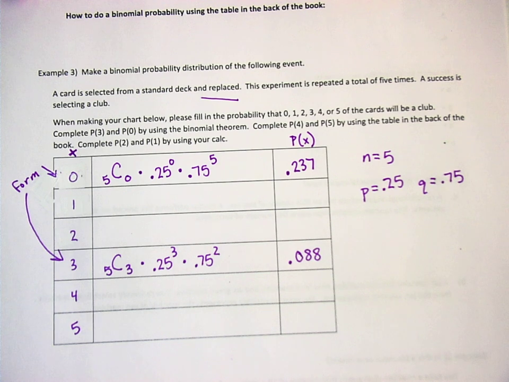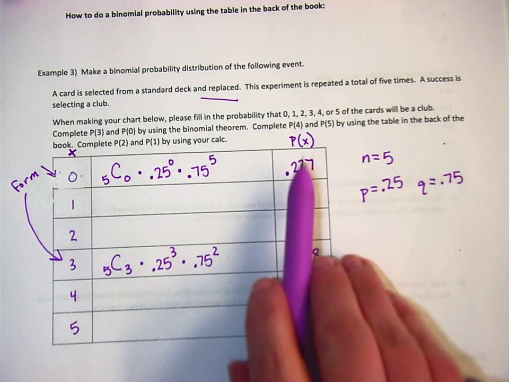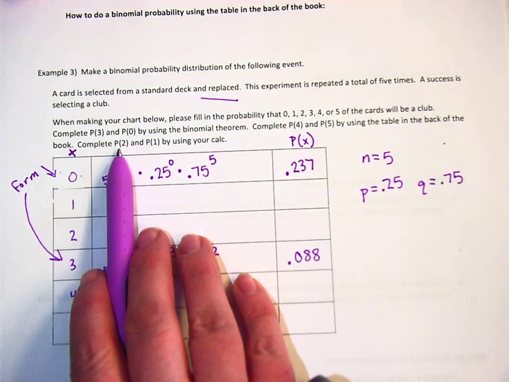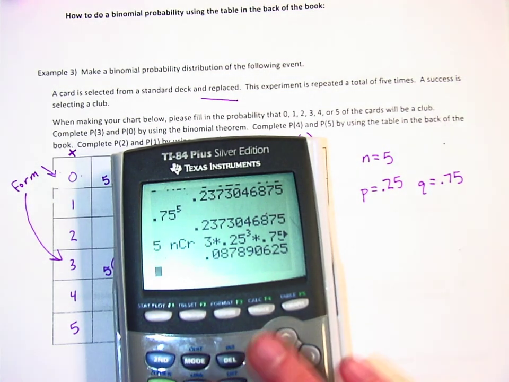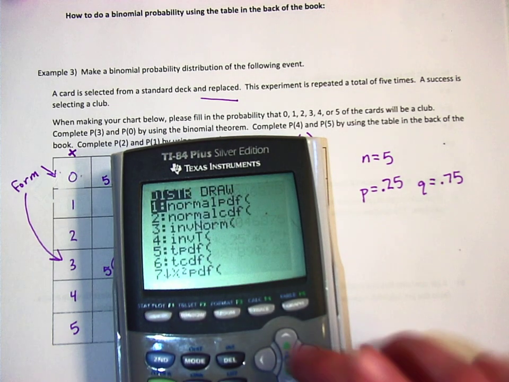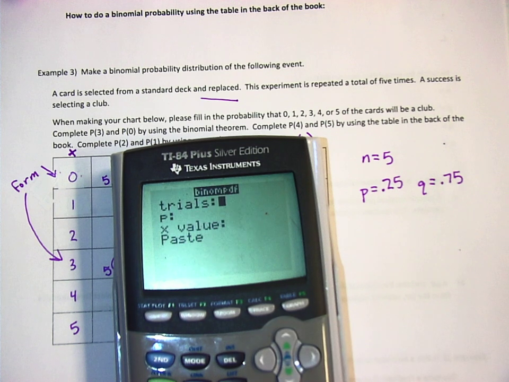Okay, now we're going to try doing the binomial probability using your calculator distribution. And it looks like I wrote that we're doing that for 2 and 1. Okay, so the second distribution, binomial PDF. I've got 5 trials.